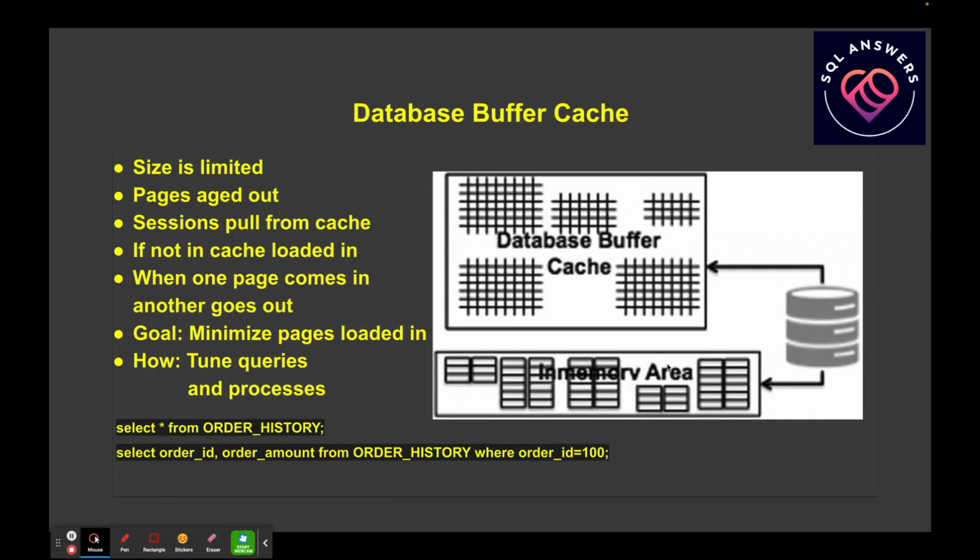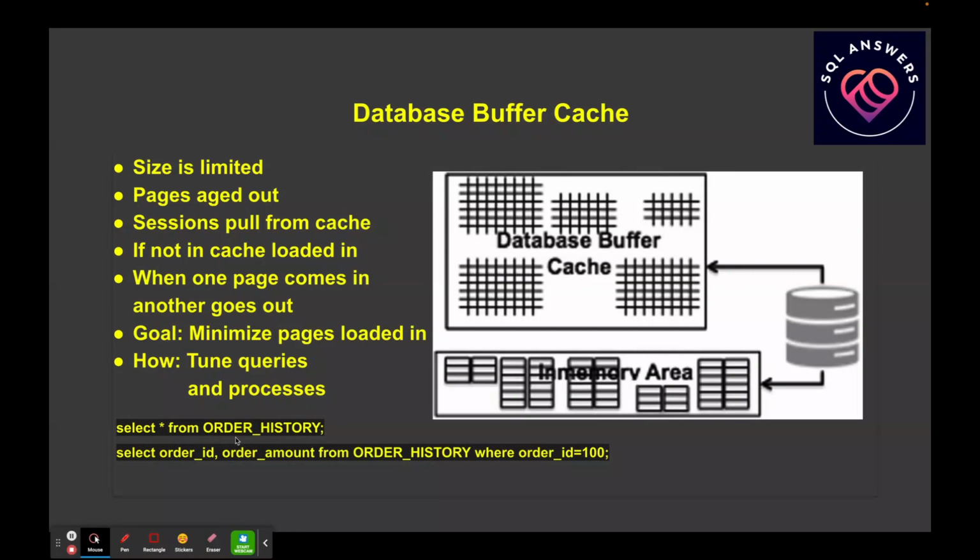So our goal is to minimize the number of pages that actually get loaded into the buffer cache, and the way to do that is to tune your queries. I've got a couple of queries here. I've got select star from order history. There's no choice here for the database. It's going to have to scan the order history table in order to fulfill this query and return all the results to the user who issued it.